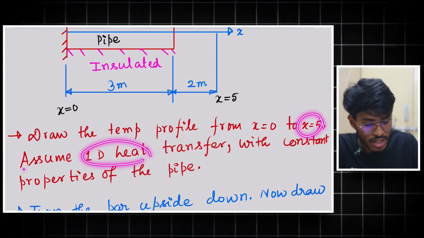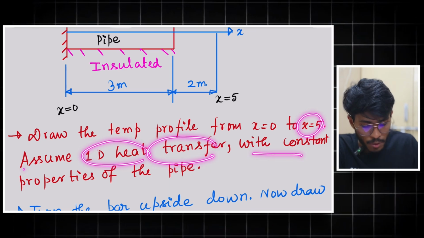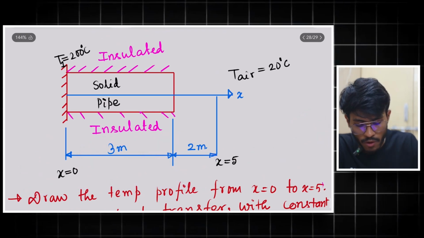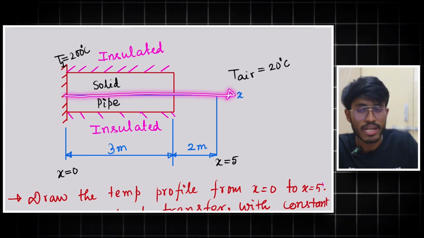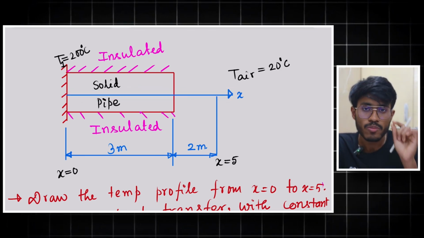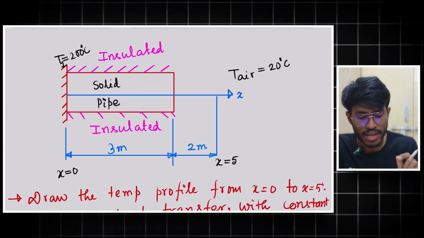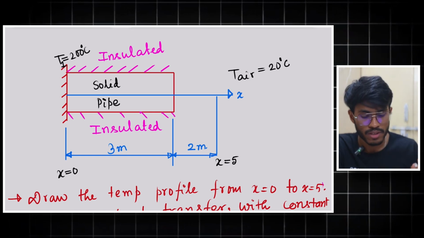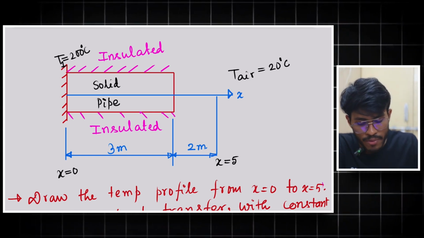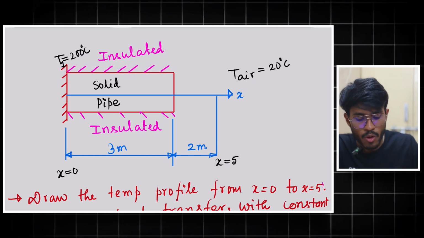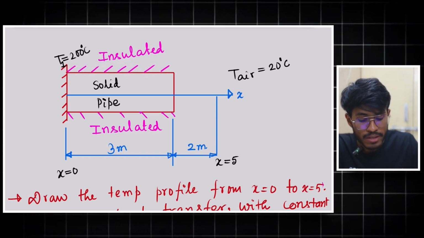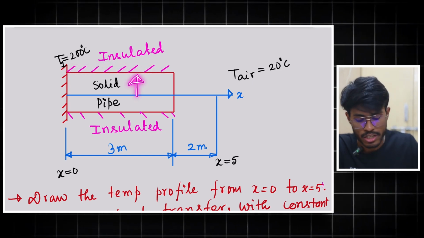Assume 1D heat transfer with constant properties of the pipe. First of all, it is given that the heat is being transferred only in this direction. Even if you were not told it is a case of 1D heat transfer, you can always see that here it is insulated, which means there is no way of heat being transferred in this direction.